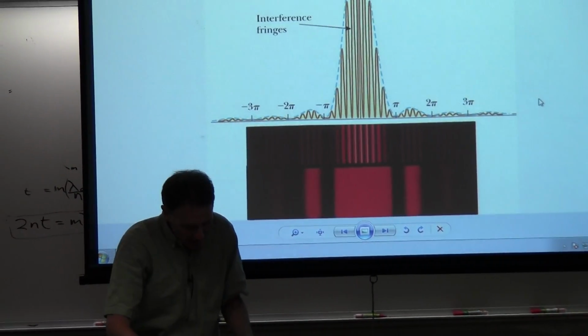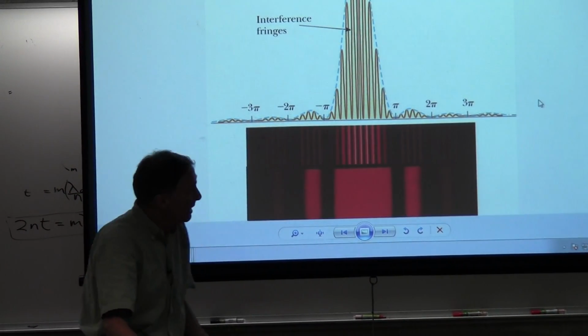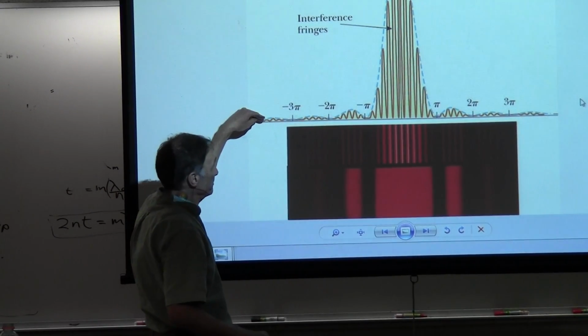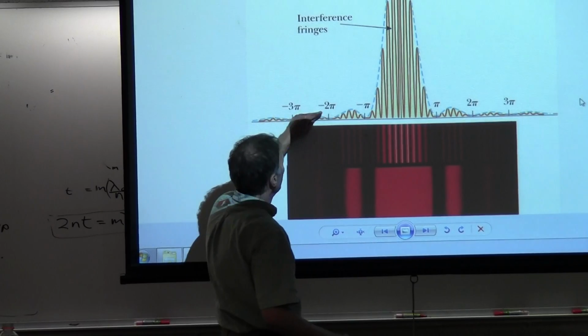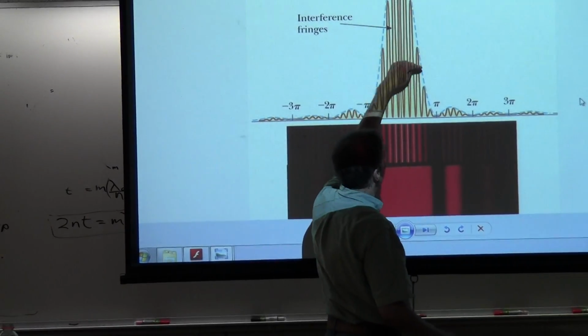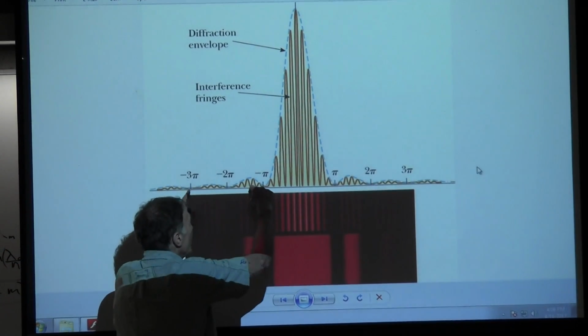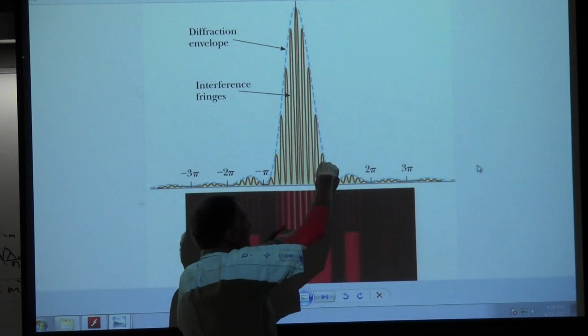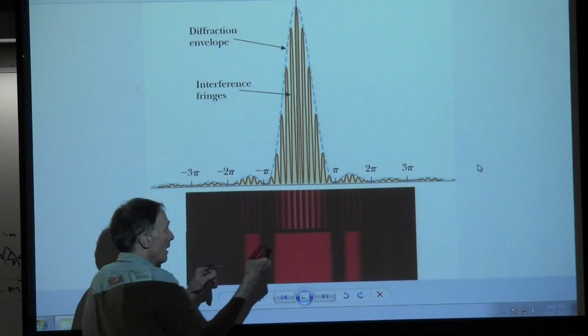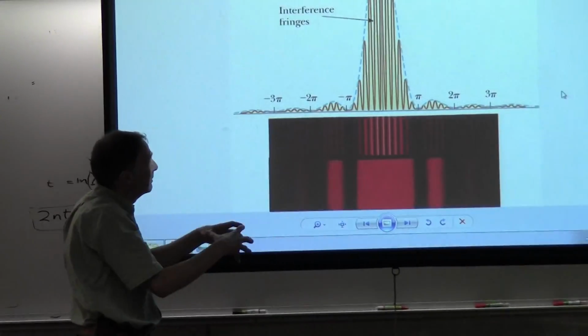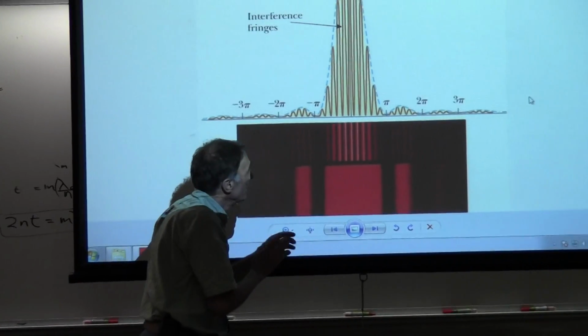So that's an example of this. These two get modulated. The blue line is what we sometimes call the diffraction envelope. That's going to modulate the intensity of the interference fringes. And so it's really the combination of those two.